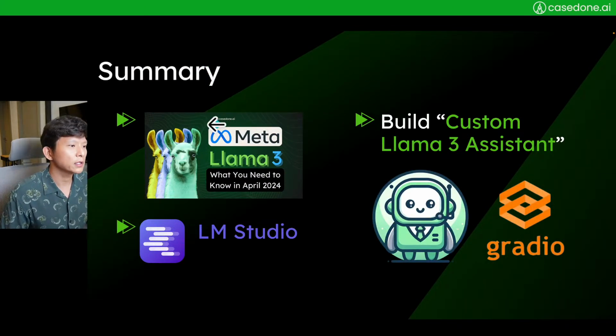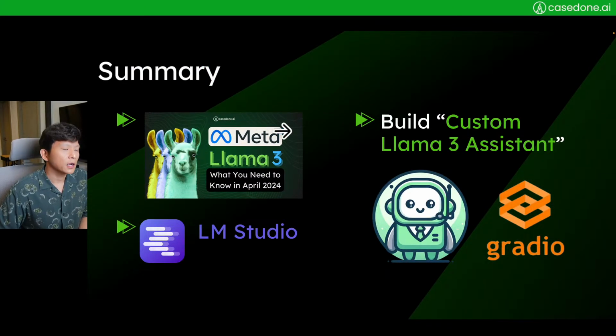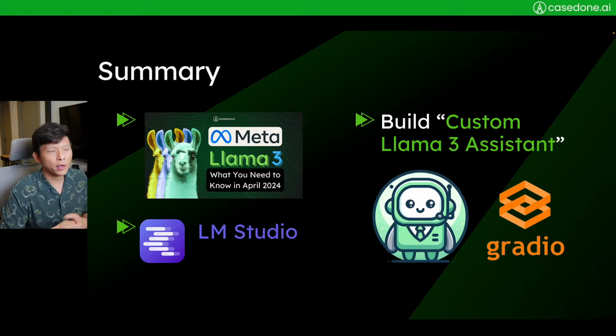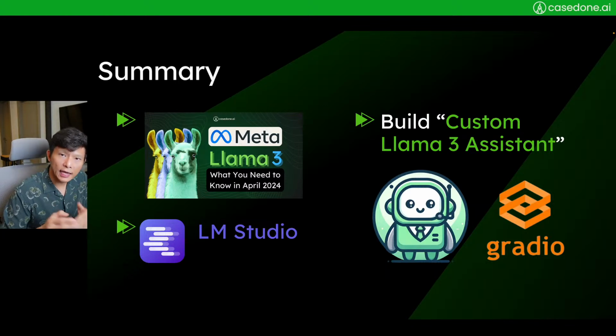So to summarize, today you have learned about Llama 3 from Meta in more detail. It includes what they offer, like the 8 billion and 70 billion models. Both come with a pre-trained base model and the instruction fine-tuned model. And you had a quick comparison between Llama 3 and Phi-3.